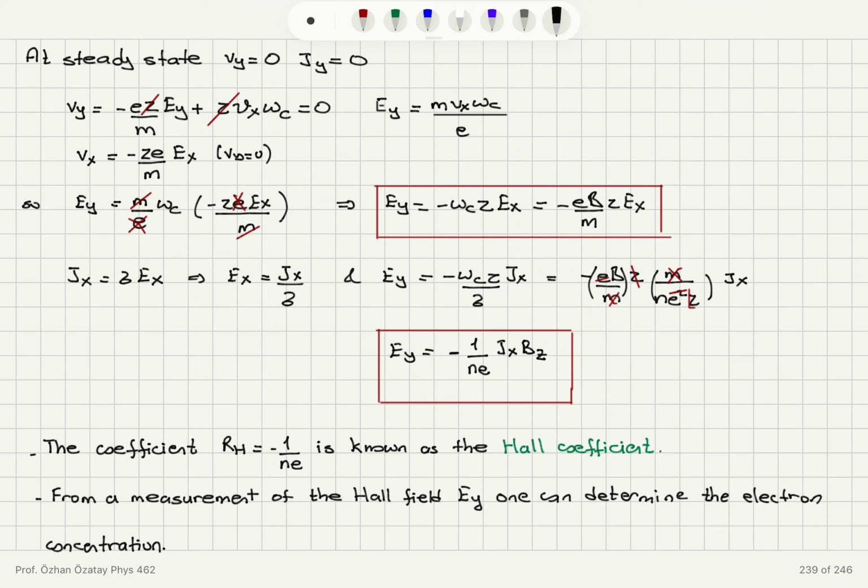We know the magnetic field, we know the current, and that gives us a measurement of the so-called Hall coefficient, which tells us what type of carriers are carrying the current, plus the carrier concentration.